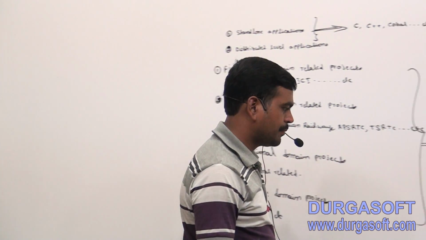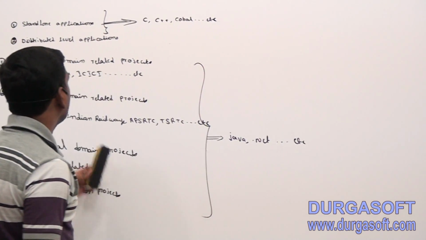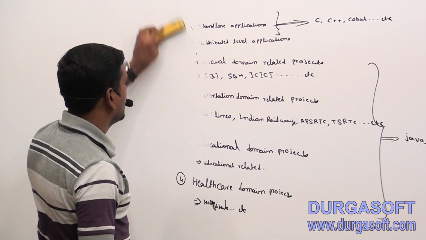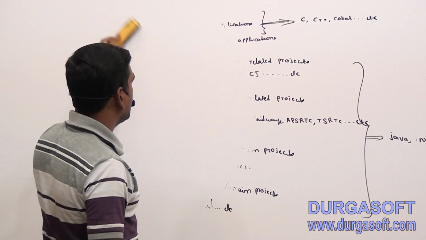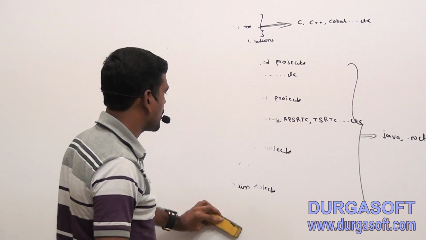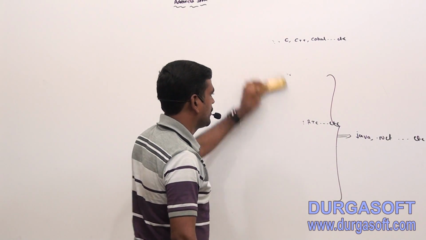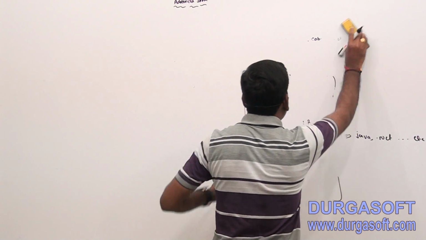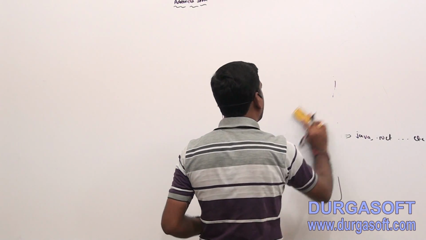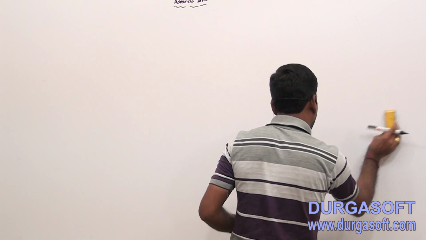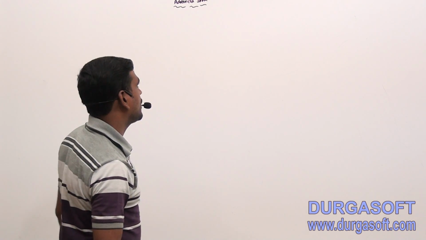Now here, advanced Java. Advanced Java is one of the real time concepts. So now try to understand here. As part of advanced Java, there are totally 5 concepts.